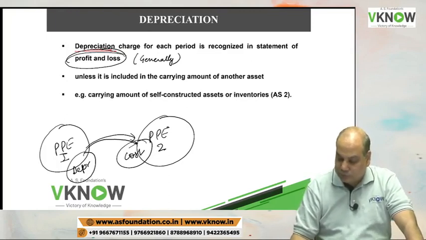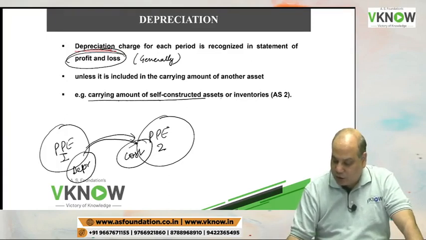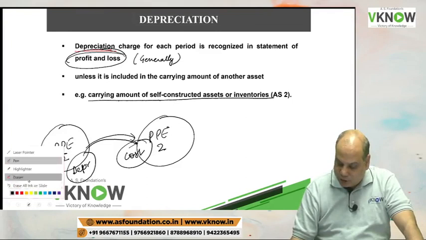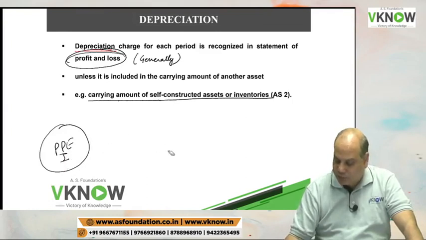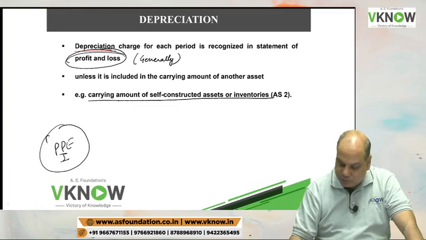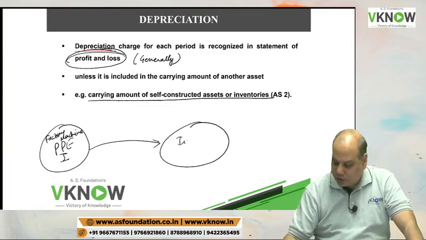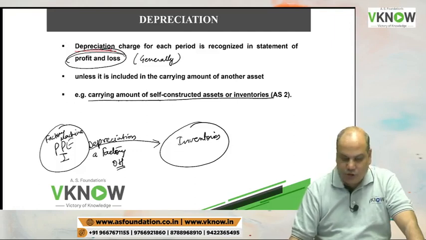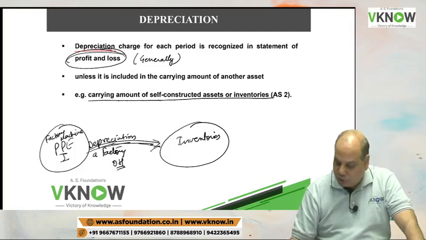Next point, for example, carrying amount of self-constructed asset or inventory. One more thing I need to tell you, if suppose there is a factory machine used for manufacturing of inventory, then the depreciation is a factory overhead, and you have studied AS2.